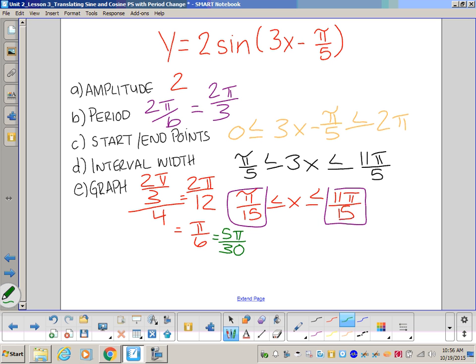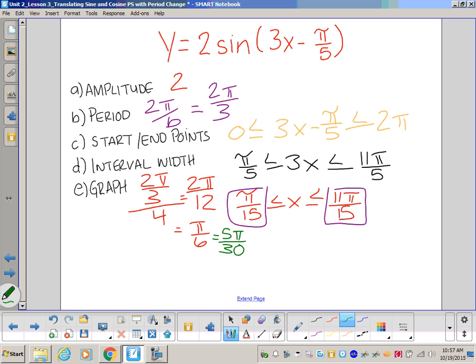Just multiply the top and bottom by 5. So even though it looks ugly, the process is the same and it works. So I want the 6 and the 15 to have a common denominator, and the least common denominator is 30.